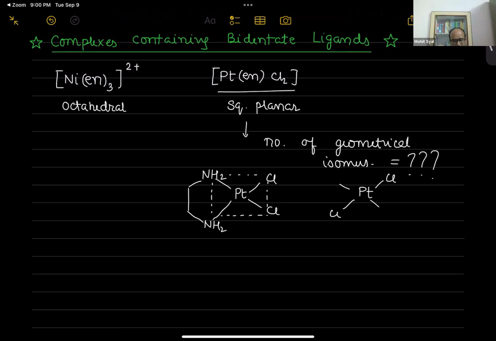But there is one problem, Aisha, that trans cannot be there. Why? Why can it not be there? The trans isomer. What's the problem?